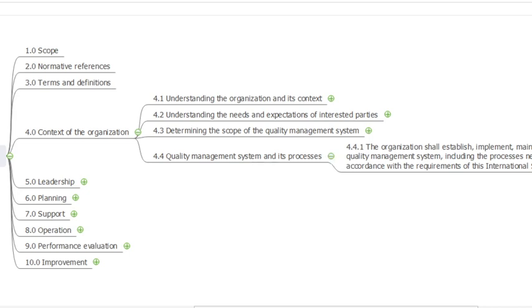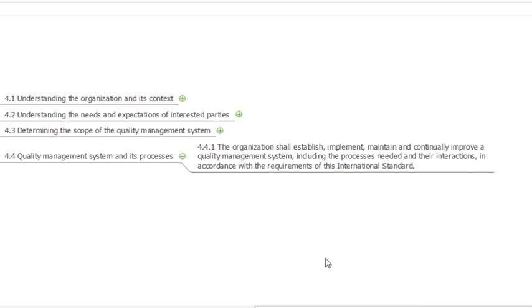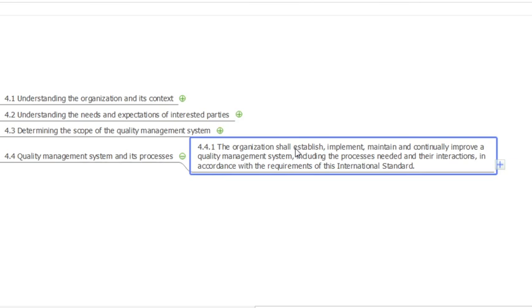Clause number 4.4, quality management system and its processes. Its subclause is clause number 4.4.1. The organization shall establish; again we can see "shall" coming. It means the organization shall establish, implement, maintain, which means we have to prepare, implement throughout the plant, maintain and continually improve the quality management system.